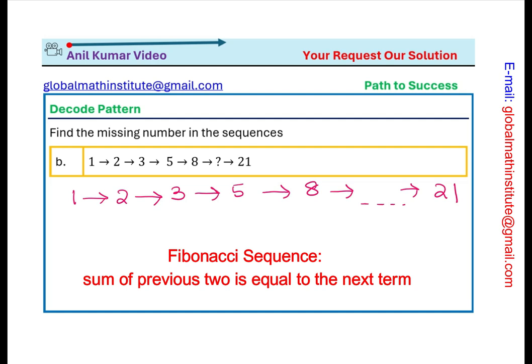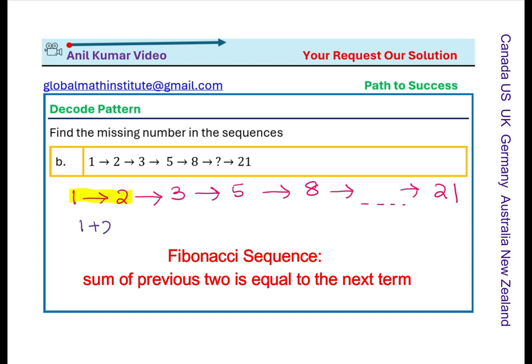In this, what you notice is that the sum of the previous two is equal to the next term, right? So in this pattern, we start with two numbers. Let's begin with 1 and 2. If I add 1 plus 2, what I get is 3. Do you see that?